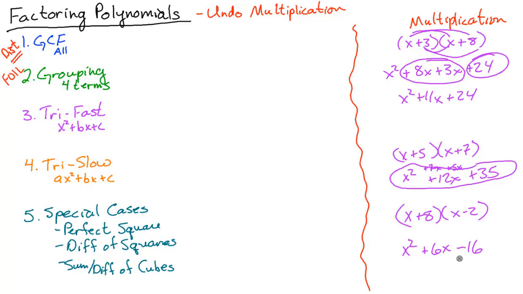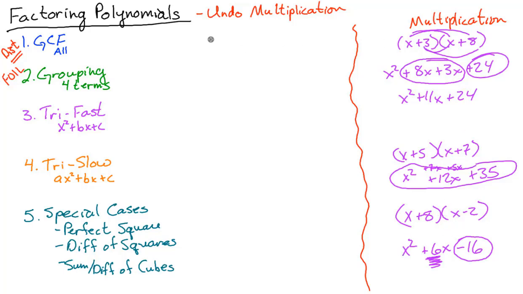And indeed, that is the case if you multiply those out. So going backwards, we have to identify this pattern. What multiplies to this and adds to that? And that is what those two numbers are in there. Now you'll notice we're only dealing with leading coefficient 1 out here in the front, and this pattern will hold.